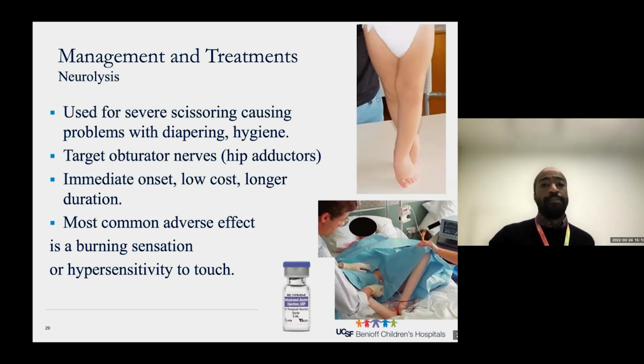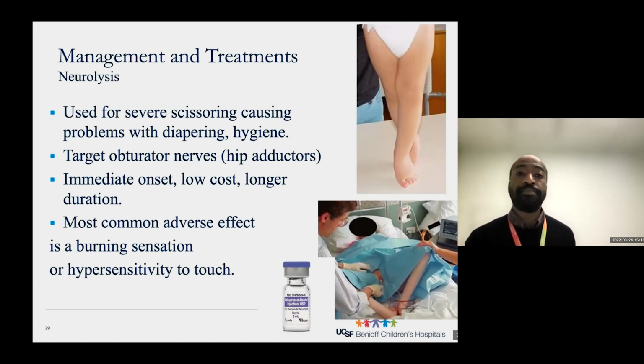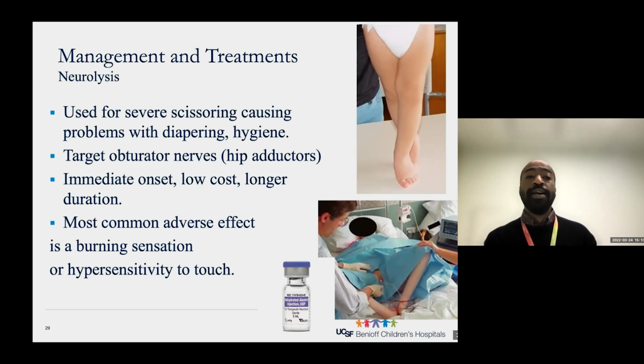Here, the alcohol is instilled directly onto the nerve and causes direct injury to the nerve, causing the nerve muscle connection to be severed in a semi-permanent manner. This intervention is often used for children who, as you can see, have significant scissoring, and the target nerve is the obturator nerve, which innervates the hip adductors.